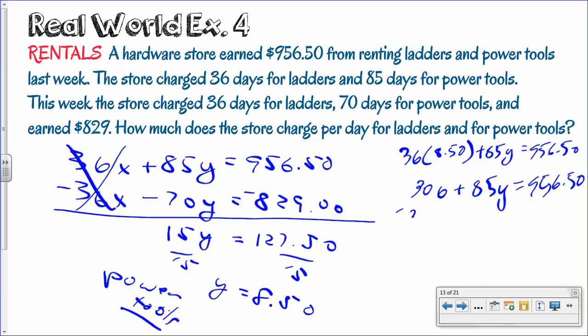Okay, subtract 306. 956.50 minus 306 is 650.50. Yeah, put it into X. Y equals 8.5.